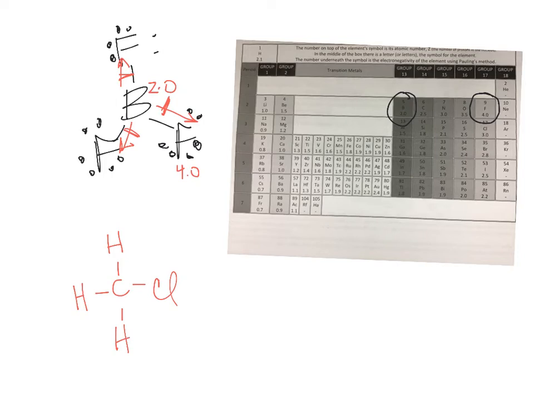And carbon-hydrogen, carbon is 2.5 and hydrogen is 2.1. So that is not a polar bond. And if I have carbon as 2.5 and chlorine as 3.0, chlorine is slightly more, and so there would be a slight pull of electrons in that direction overall.